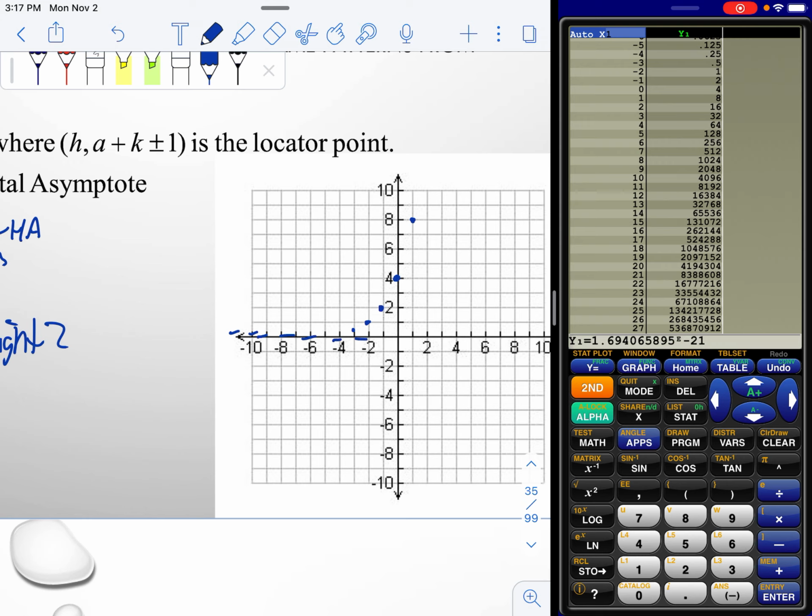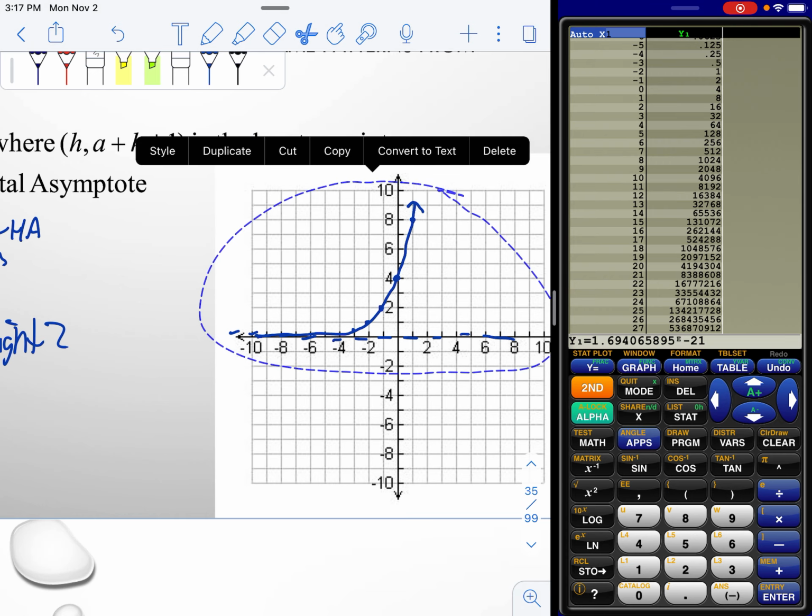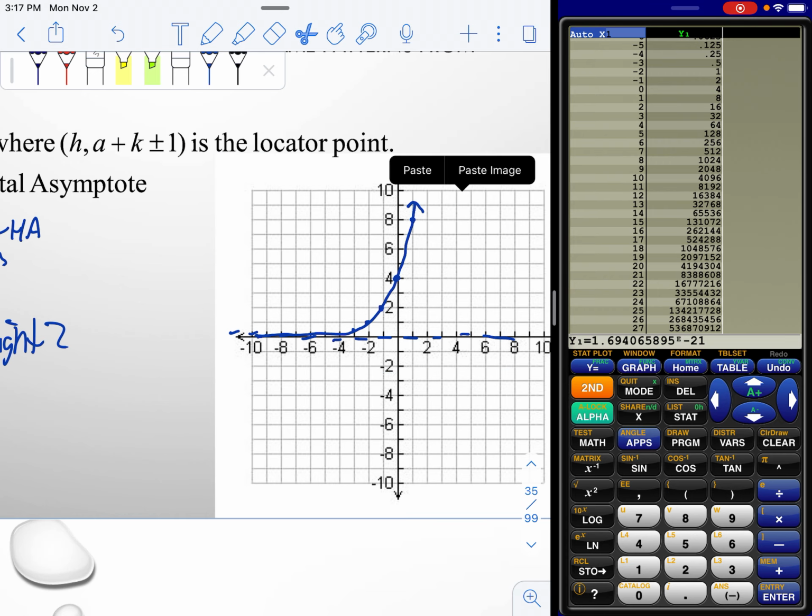We have our horizontal asymptote here. We're never going to go below that, no matter how far to the left we go. If I take this graph, I copy it, and then I paste it, that graph is just going to shift right 2. So there's your second one.